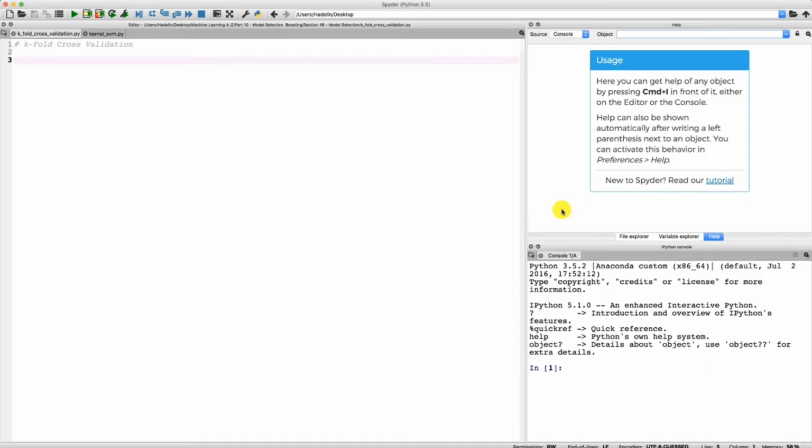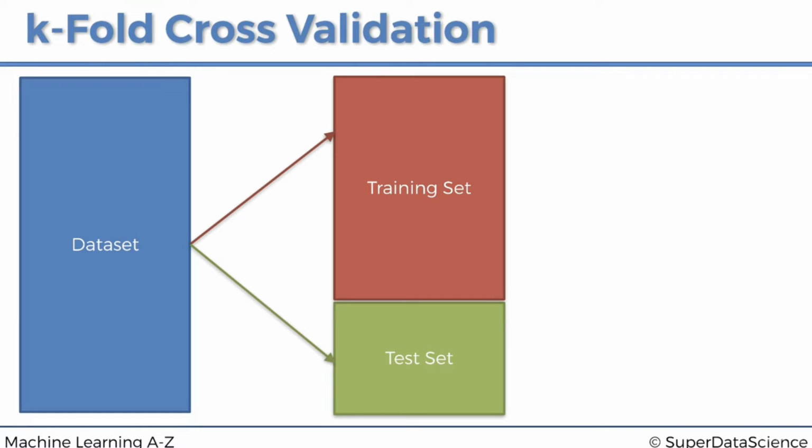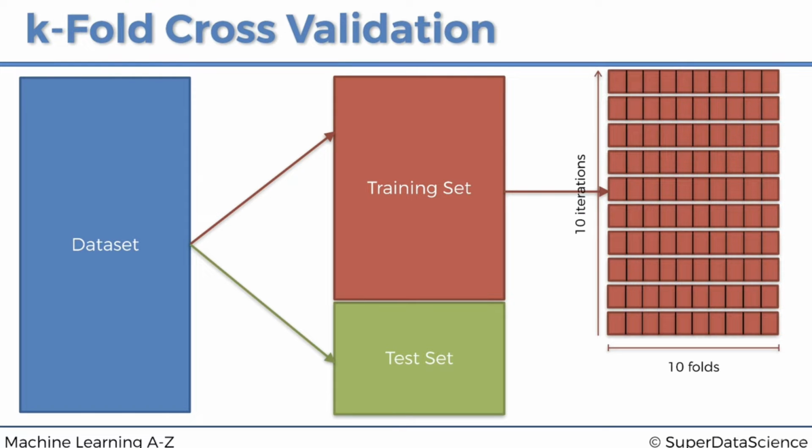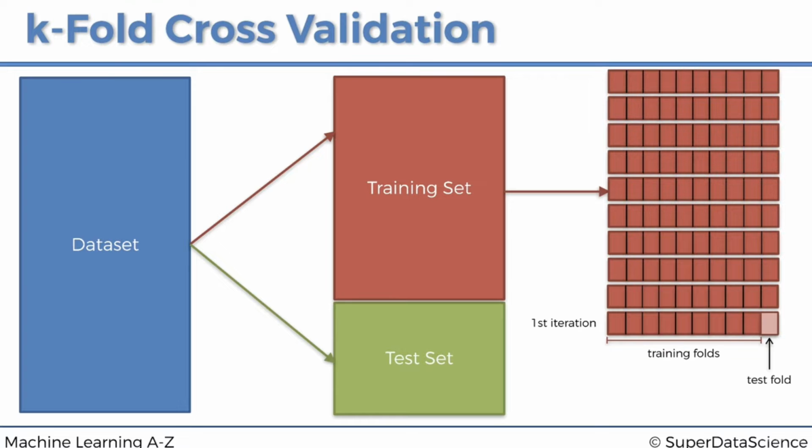And so there is this technique called k-fold cross-validation that improves this a lot, because that will fix this variance problem. And how will it fix it? It will fix it by splitting the training set into 10 folds when k equals 10, and most of the time k equals 10. And we train our model on 9 folds, and we test it on the last remaining fold.